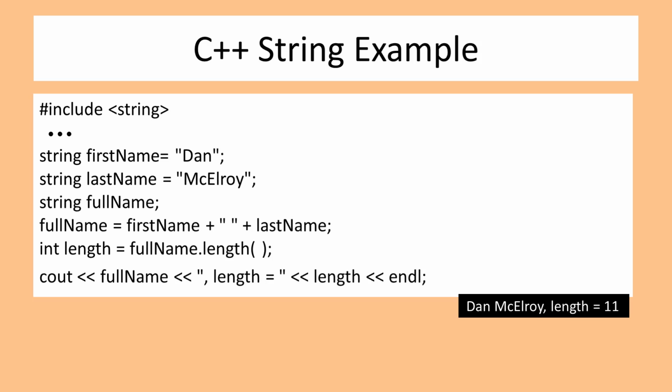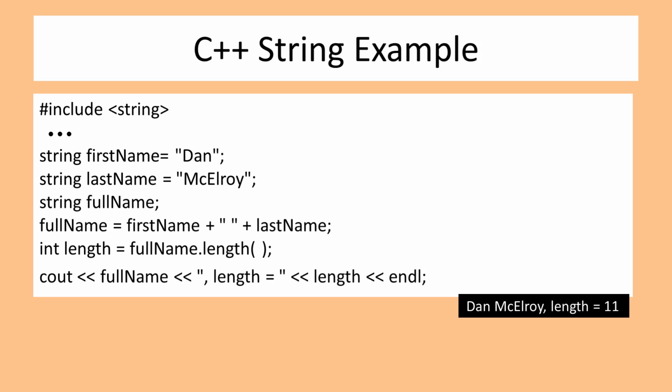So that makes it a lot nicer than trying to use all those string copies and string cats. Say length equals full name dot length open close parentheses. So full name is the name of my object, then dot, that means I'm going to access one of the member functions. So length is a member function that does not have any parameters. I have to use the open close parentheses there because it is a function call.